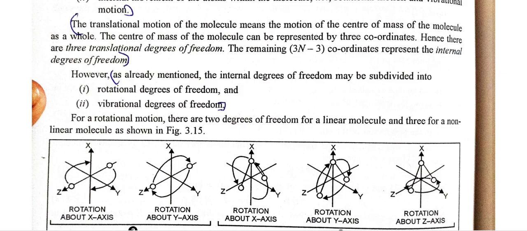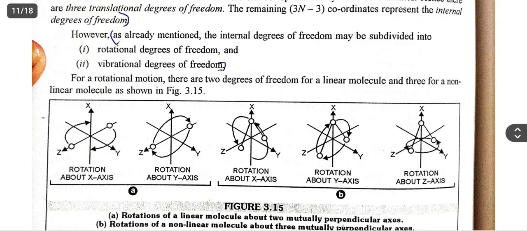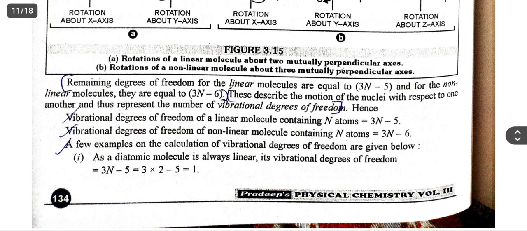However, as already mentioned, the internal degrees of freedom can be divided into rotational degrees of freedom and vibrational degrees of freedom. For rotational motion, there are 2 degrees of freedom for a linear molecule and 3 for a non-linear molecule: rotation about the x-axis, about the y-axis, and rotation about the z-axis. The remaining degrees of freedom for a linear molecule are equal to 3n minus 5, and for a non-linear molecule they are equal to 3n minus 6.